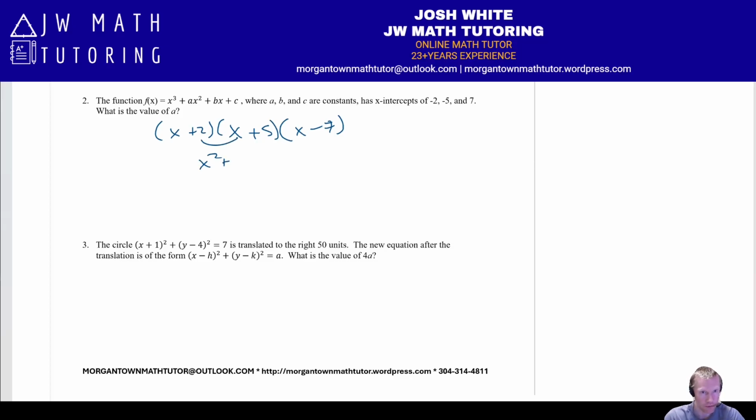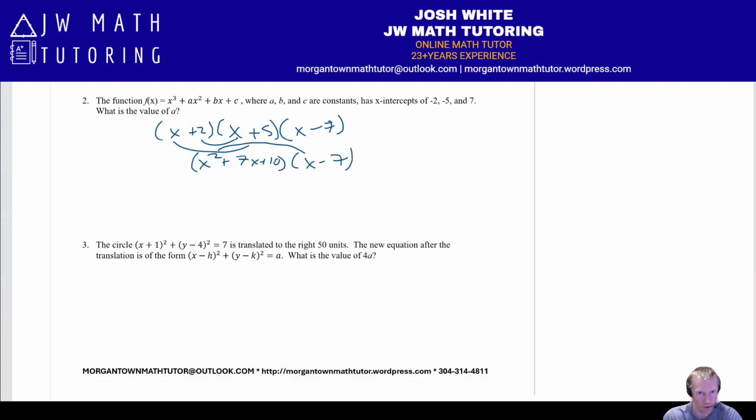I'm just going to save some time on that. So basically foiling this whole thing out, it's going to be x squared plus 7x plus 10. And then we have that multiplied by x minus 7. Now here, really we're only technically interested in the x squared term for the a value.